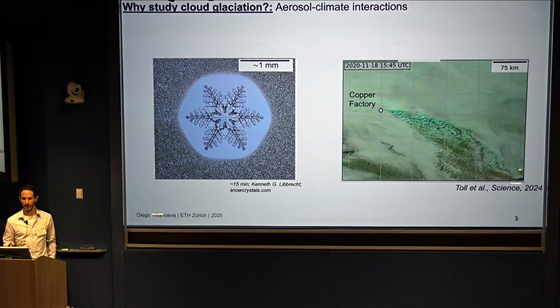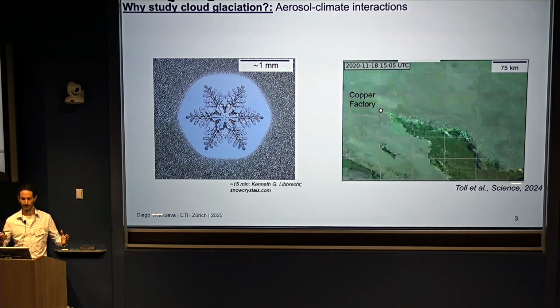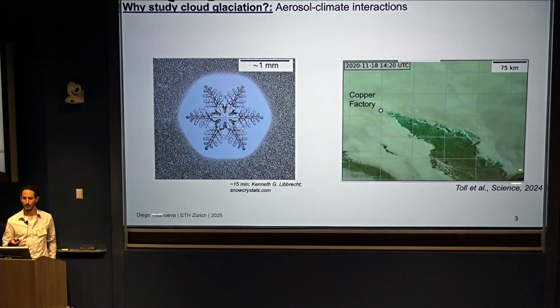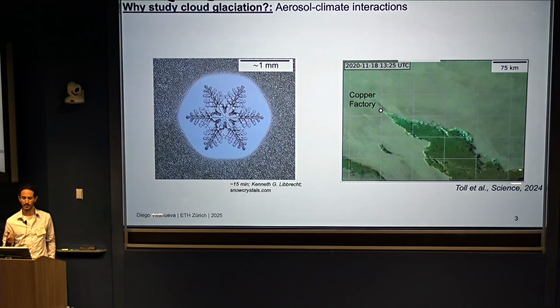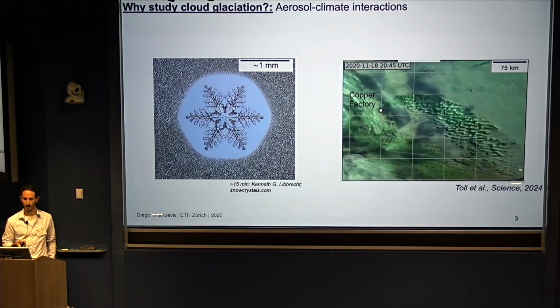And what you see here, at about 10 orders of magnitude larger scale, is some hints of the same effect. On the downwind side of this INP emission source, you basically just punch a hole into this cloud. This is actually a really nice paper by Toll et al.